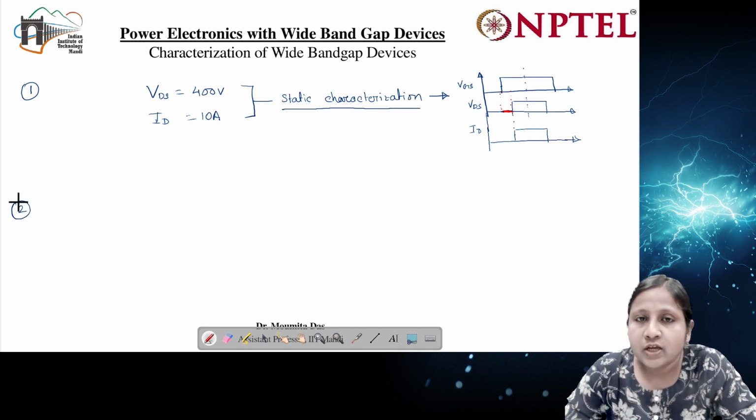Second thing is the junction capacitance characterization.